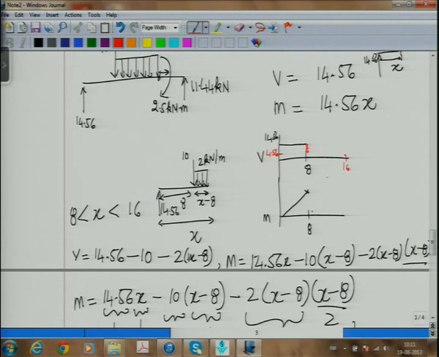So from this point I will go in a straight line up till minus 11.44. What I need to do is just work out the value at the two end points and draw a straight line. This is the shear force.